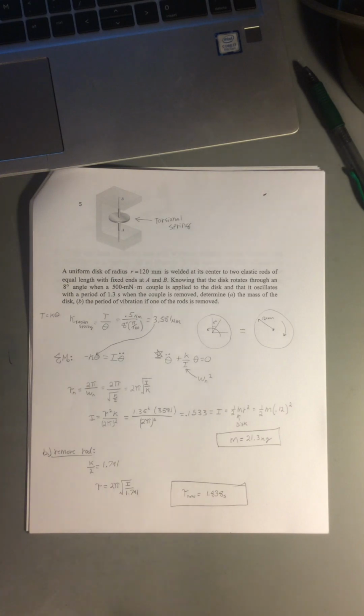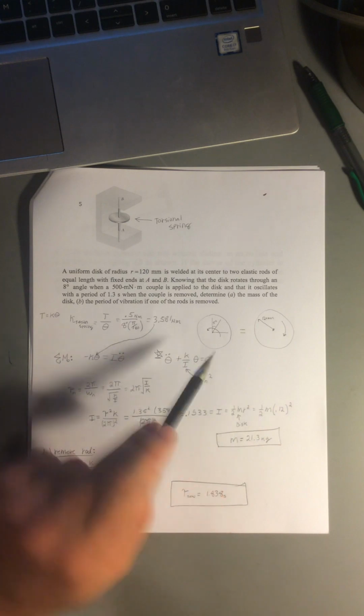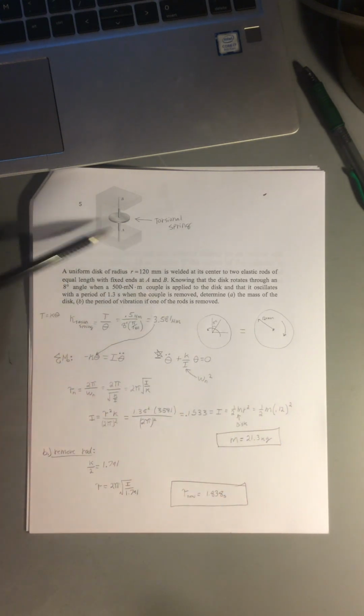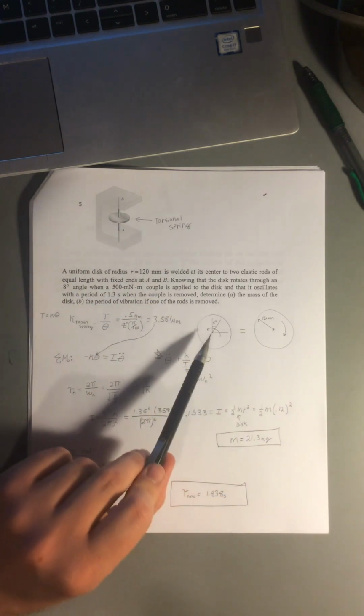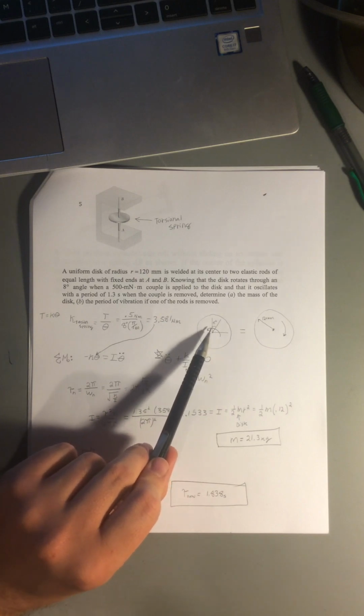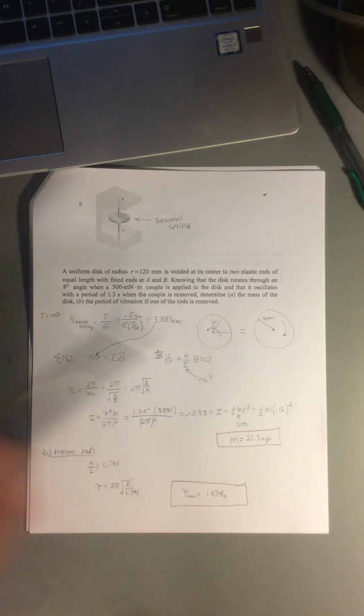Drawing a diagram of what we're given here, I drew kind of a top view of this disk. We can see that it's been rotated to 8 degrees, and then afterwards it equals our kinetic diagram over there. In order to solve this, we first know that for a torsion spring, T has to equal K times theta. So we replace the X with a theta term for a torsion spring.